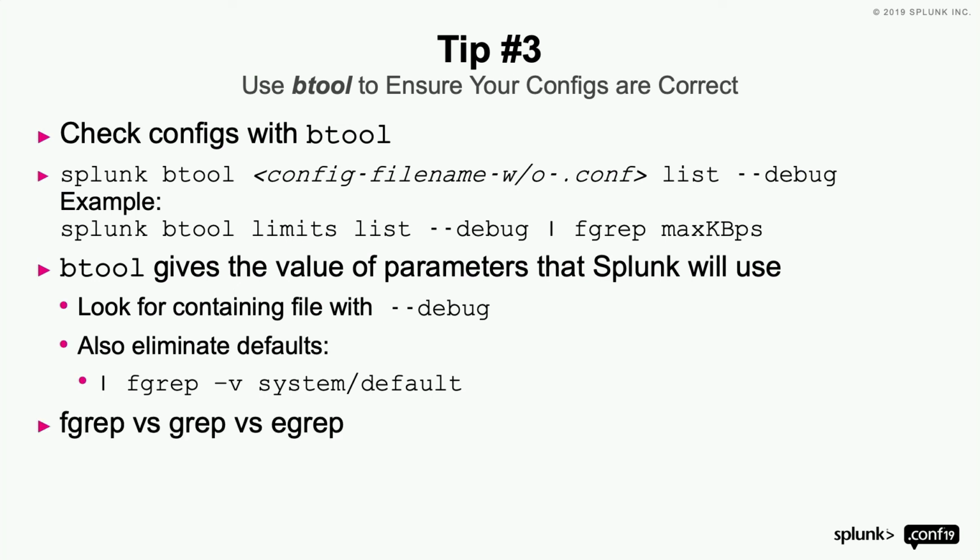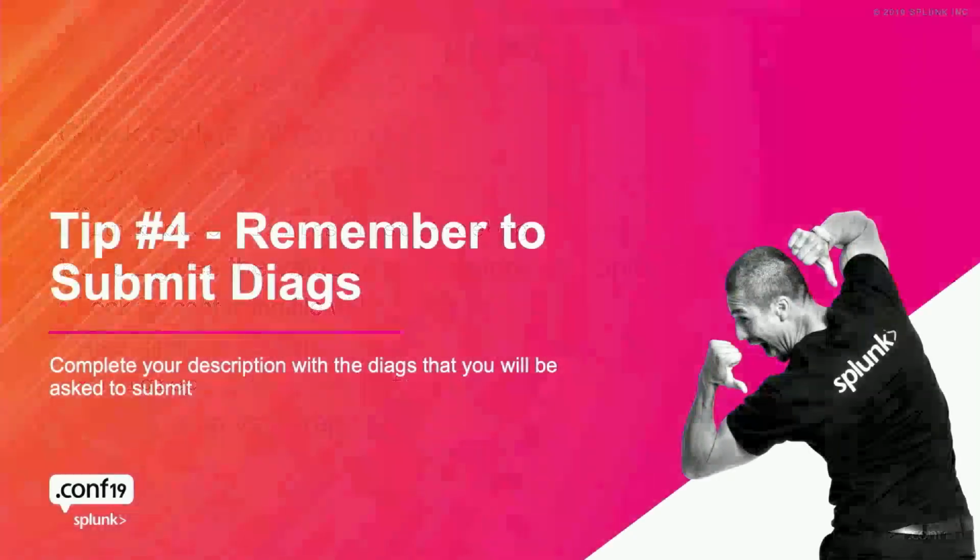One of the things that's nice is if you know the difference between fgrep, grep, and egrep. fgrep is a fast grep, so if you've got a lot of stuff coming out and you don't want to use regular expressions at all, then fgrep is good for that. grep allows you to do regular expression searching, and egrep does extended regular expressions. So using the different ones is always helpful, depending on what you need.